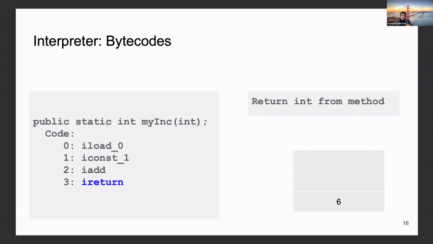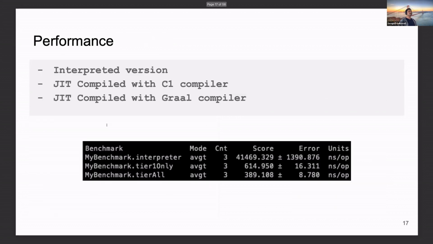Now, you may wonder, okay, this seems simple, but I mentioned it is also slow. So how slow is it? What I did, I took the same myIncrement method and put some benchmarking code around it. And the same code example is also available in the Docker image, so you can run this and execute it in different modes.